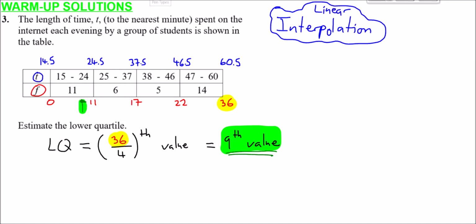So next we think that the ninth value is going to be somewhere in the interval from 15 to 24. We'd imagine the ninth value is going to be 9 out of 11. So it's the ninth value out of a total of 11 in this interval.